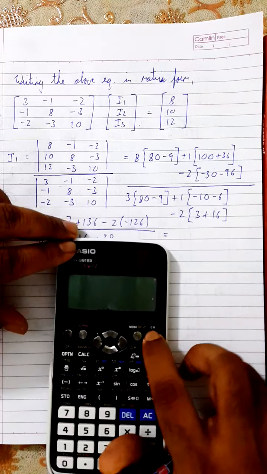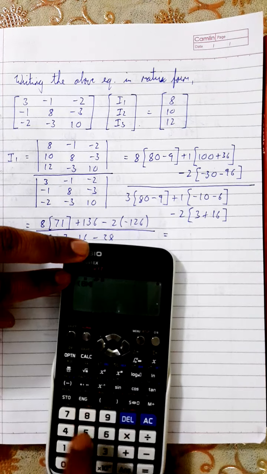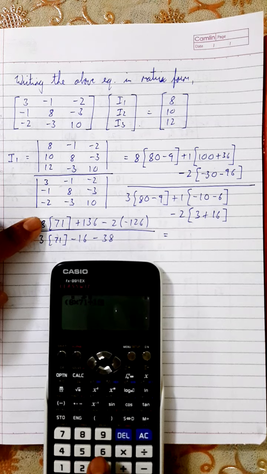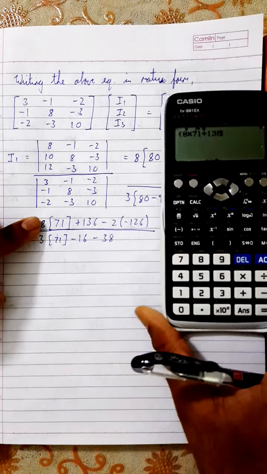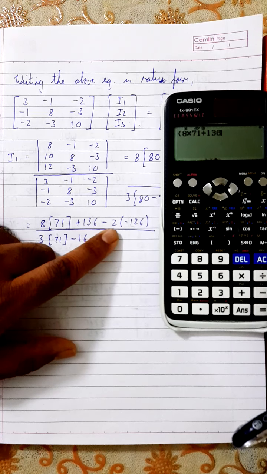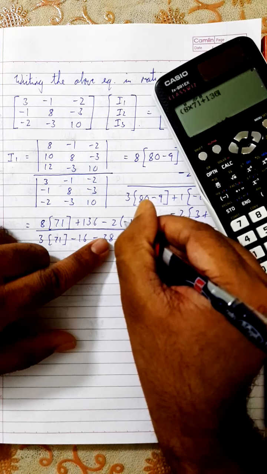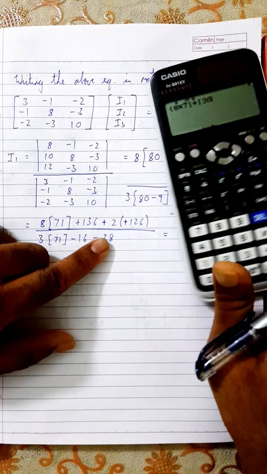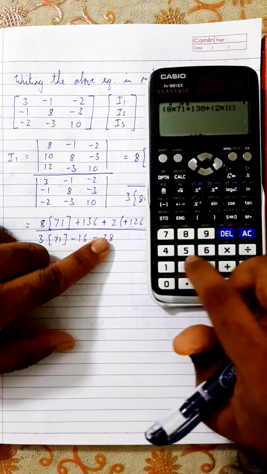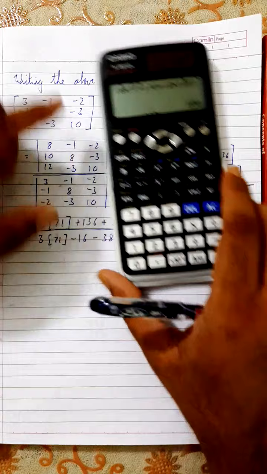So first I'll find the numerator. The numerator is 8 into 71 plus 136. This is minus of minus, so I can consider this as plus, which makes my problem very easy. So it will become plus 2 into 126, which is equal to 956.